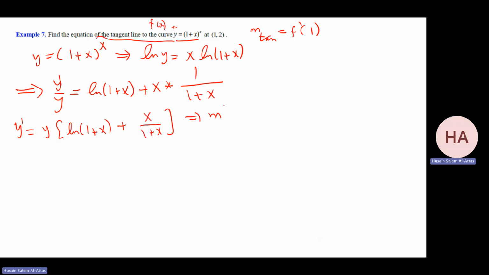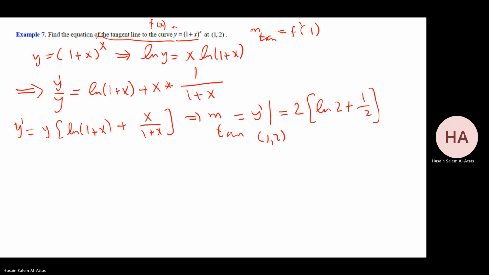So it will be m tangent. It will be y prime at the point 1 and 2, and that is y is 2. Here I have ln 2 plus 1 over 2.